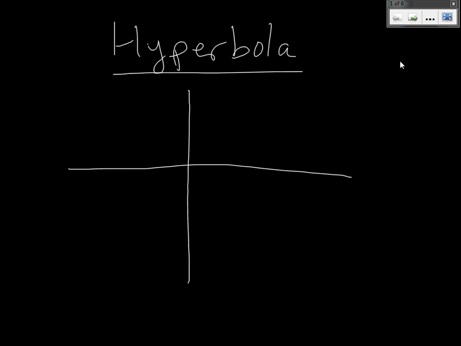A hyperbola has foci. You have one here, we'll call that c0. You have another one over here, call it negative c0. X-axis, y-axis. The foci are on the x-axis.